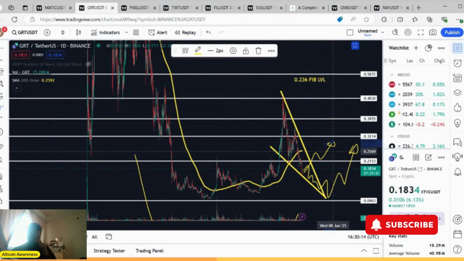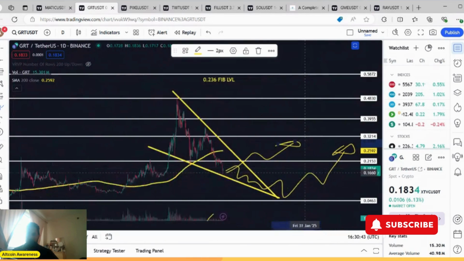Now, if we get an early breakout, you should watch for a breakout of this level at 0.2153, okay? So a breakout and a retest of this level would be a very good, a very safe entry for you. If you want to trade this aggressively, you can start scaling now, okay?